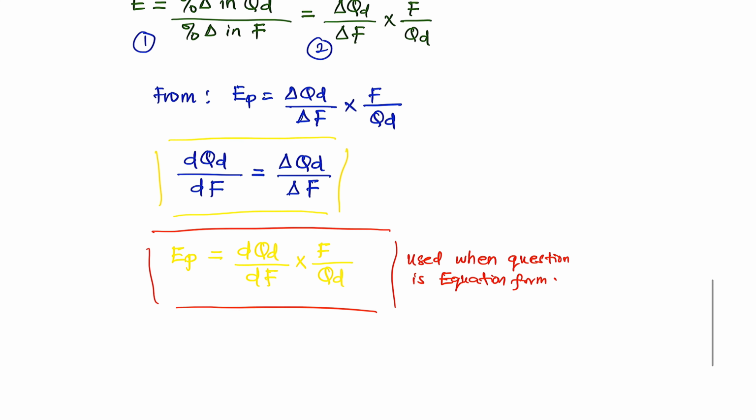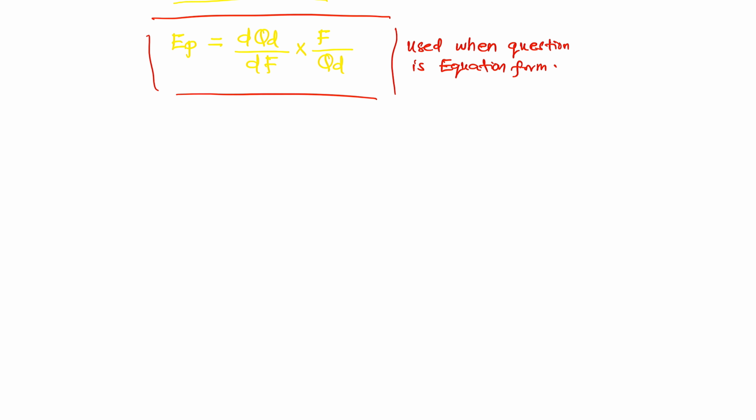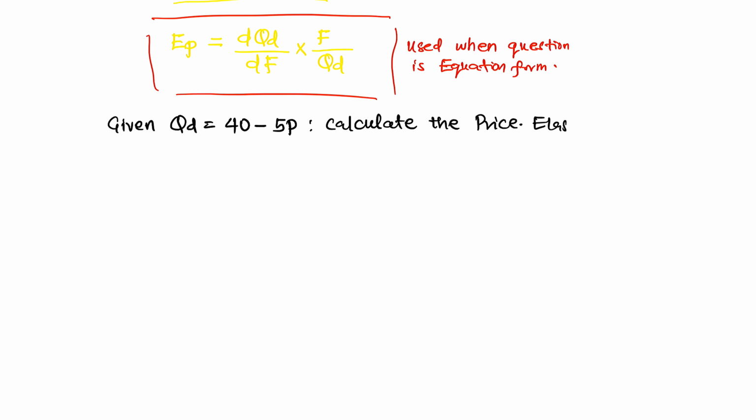A quick example, using the demand function we had above, given QD equals 40 minus 5P. Calculate the price elasticity of demand when price equals $5.